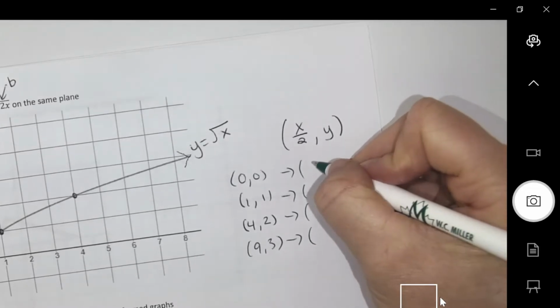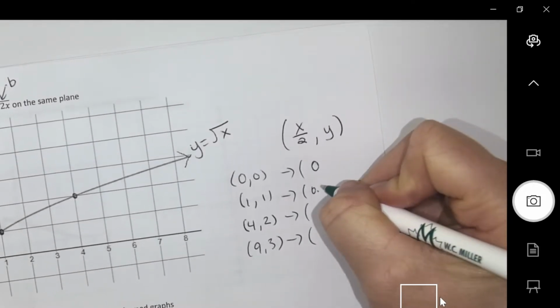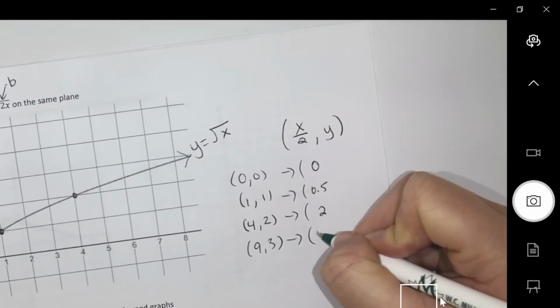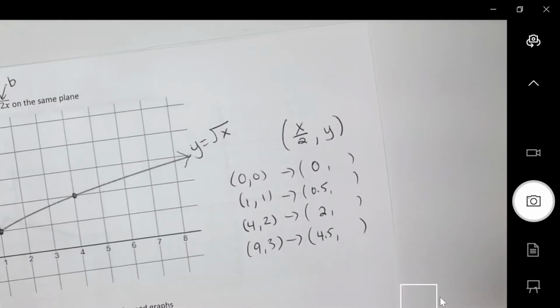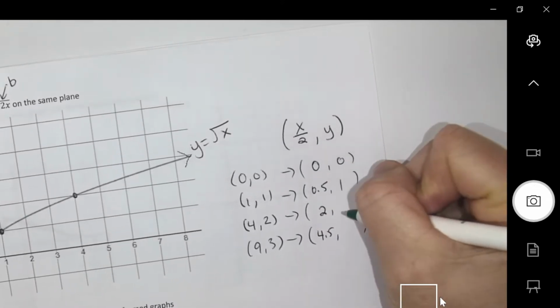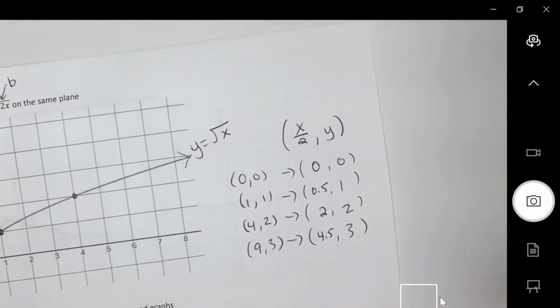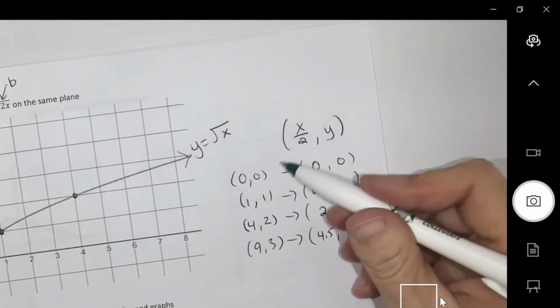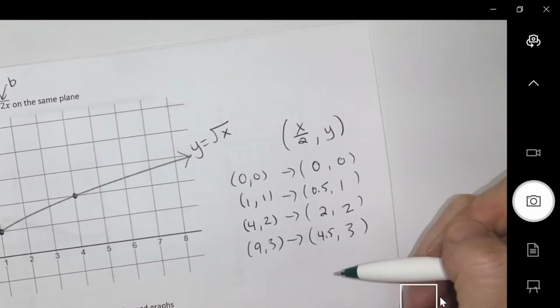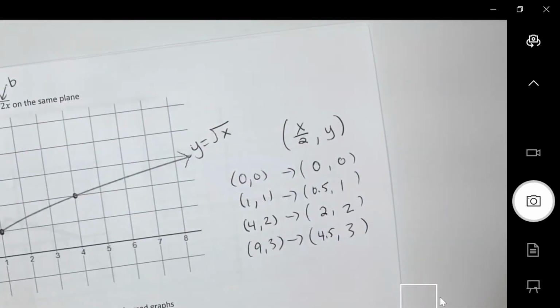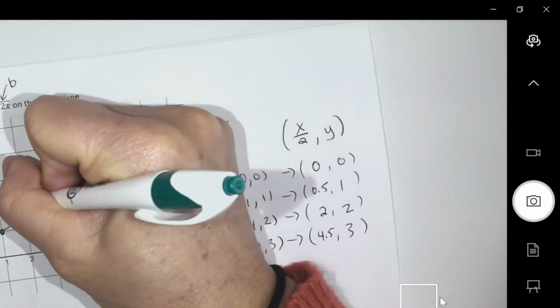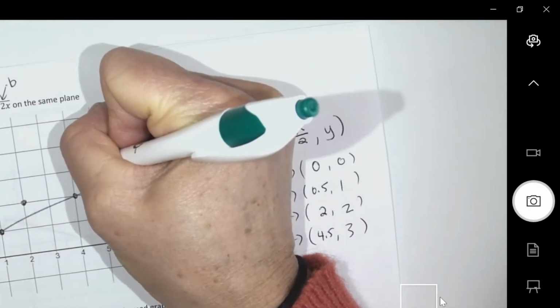So I have to cut them in half. So 0, 0.5, 2, and then 4.5. So I took half to all those, and nothing will change on my y's. So here's my new coordinates. Let's graph it and see what happens. So 0, 0, a half, comma 1, 2, 2, 4.5, comma 3.